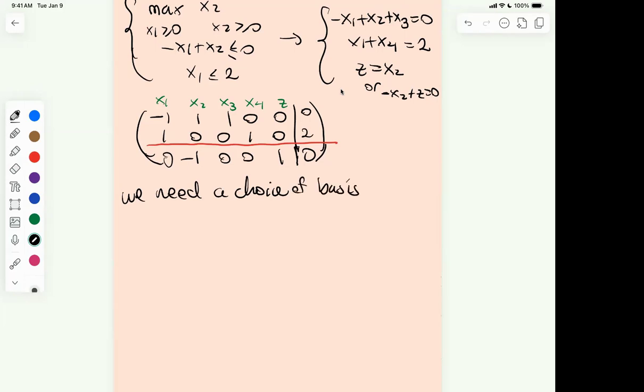What was the choice of basis? It was a 2 by 2 matrix, which is inverted. So for example, you could have done this.